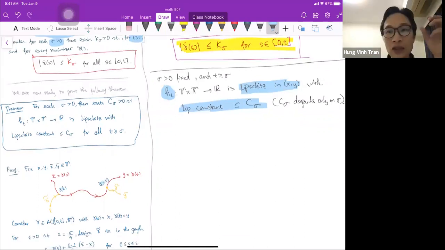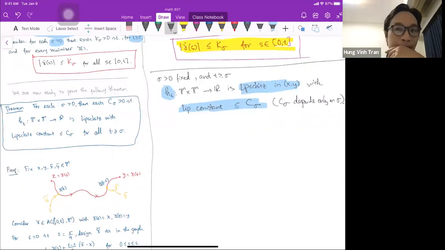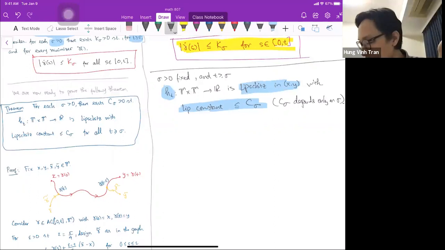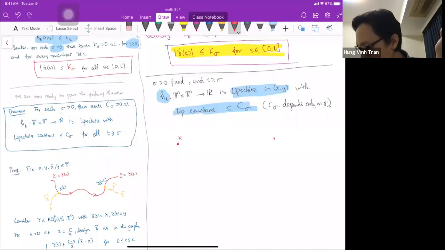Before getting really into the details, let me just explain the original ideas, and then it takes some time to write out the proof, but I wouldn't be too worried about that. So you have, this is x, this is y, right?